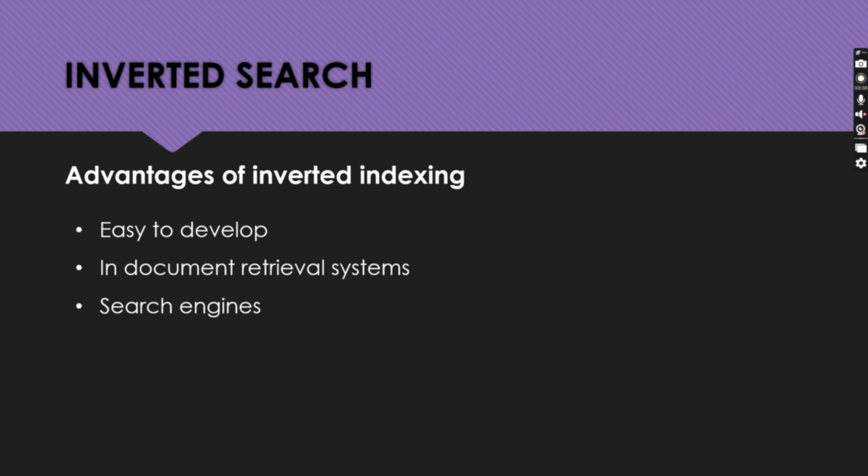Why are we using inverted indexing rather than forward indexing? Inverted indexing is easy to develop, and it is used in document retrieval systems. It is a fast process, so we can easily find the words or documents.